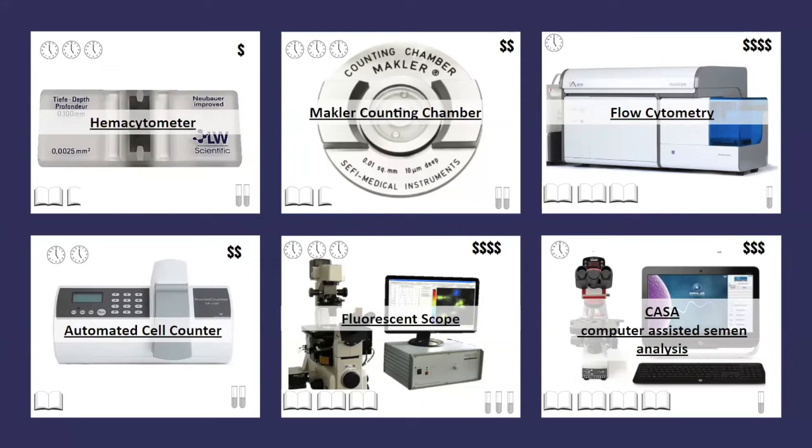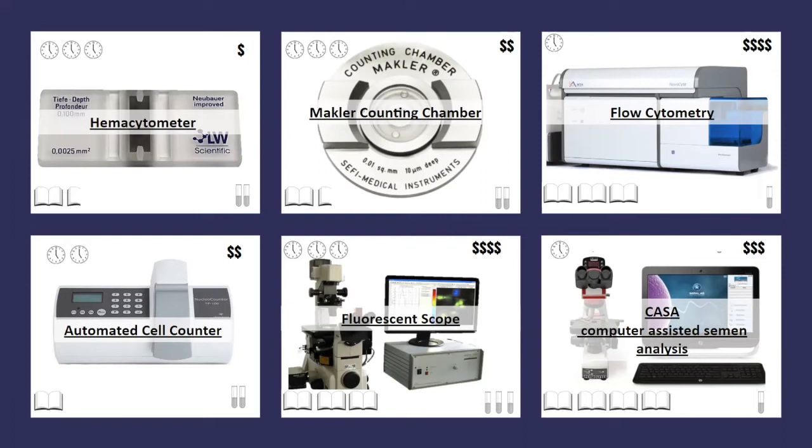They have a really low initial investment cost, they're not that expensive to use, and they don't take a lot of time to set up. Their protocols are really straightforward and easy to use. They do take a lot of time because you have to manually count the cells, which can take a good chunk out of your day, especially if you're looking at multiple species or multiple samples, or want duplicate counts.